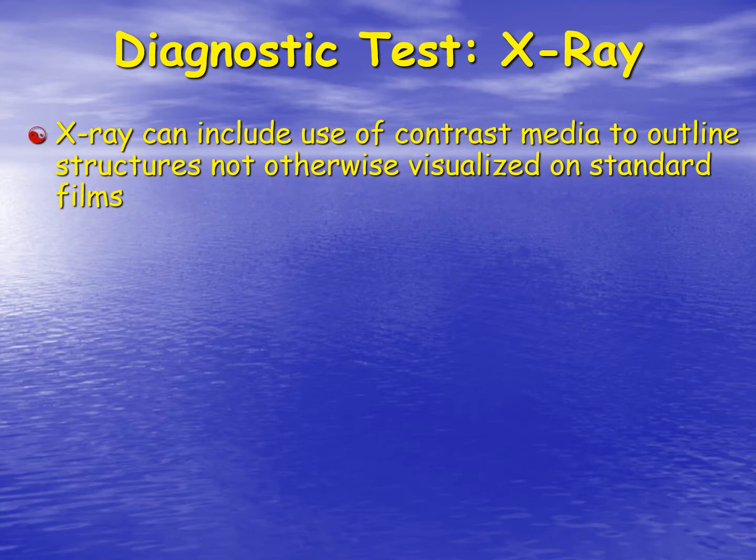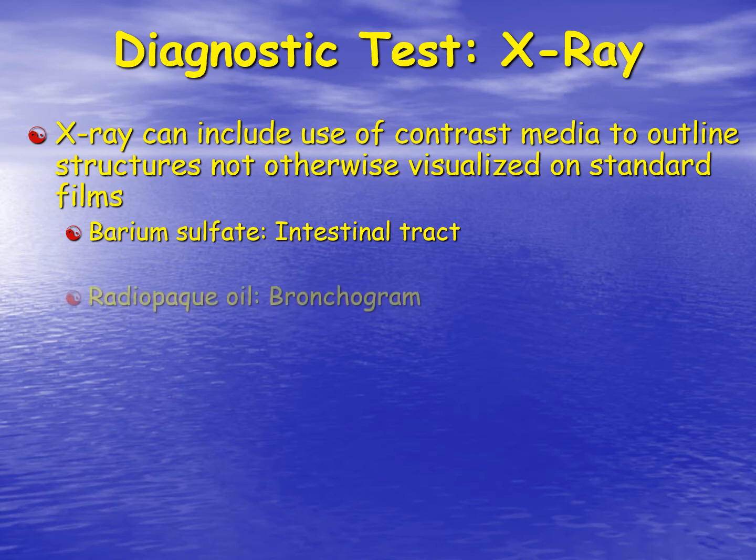X-ray can include use of contrast media to outline structures not otherwise visualized on standard films, such as barium sulfate for the intestinal tract all the way from basically the esophagus to the anus.